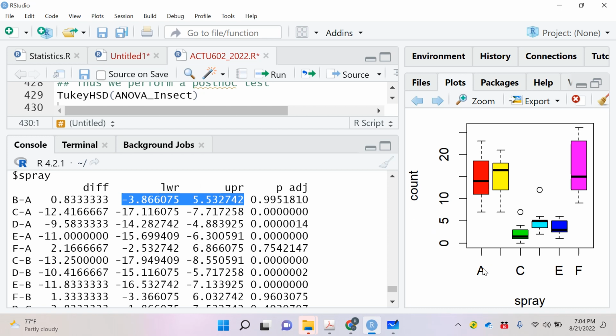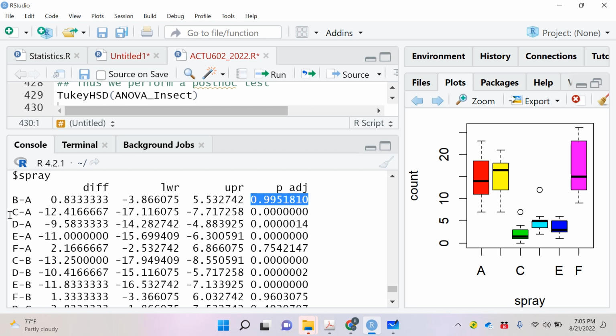So A and B are not quite different, as you could see in the box plot. Look at the p-value, quite large. So this means that A and B are significantly not different. Even though B is, from the descriptive point of view, larger than A, the difference is not statistically significant.